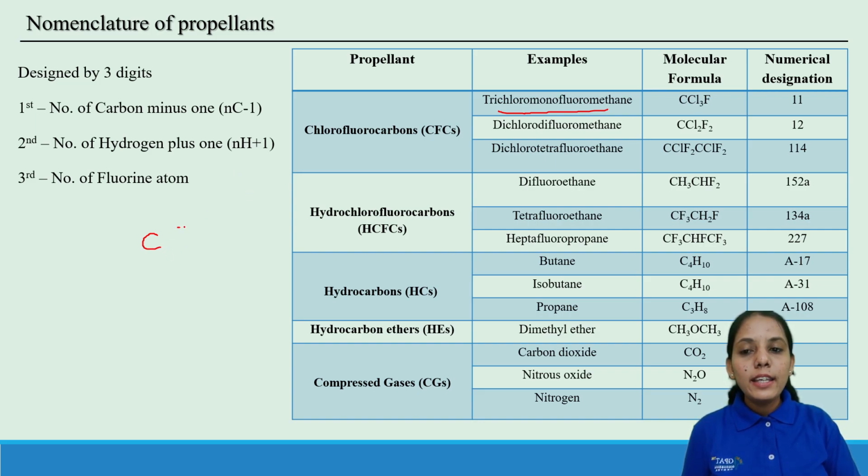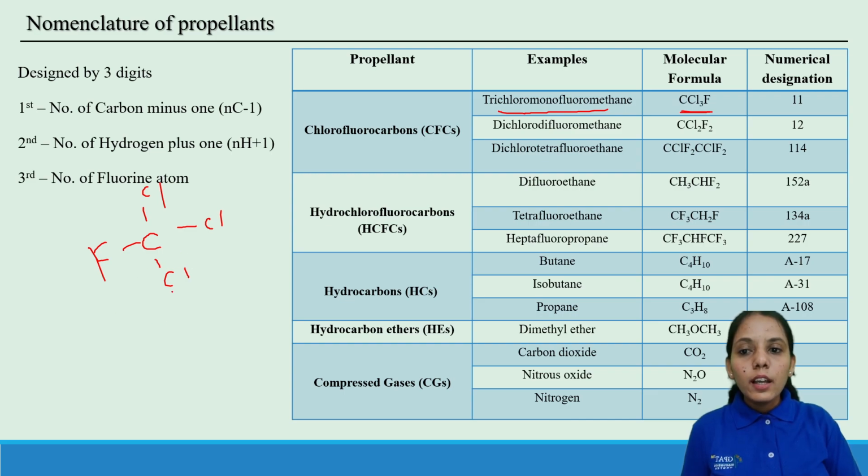Trichloro means three chlorine atoms, Cl, Cl and Cl. And monofluoro means one fluorine atom. So this is the formula for the first one: CCl3F.